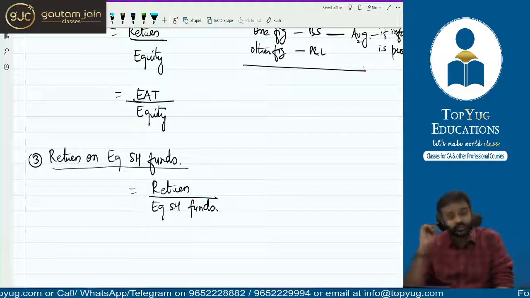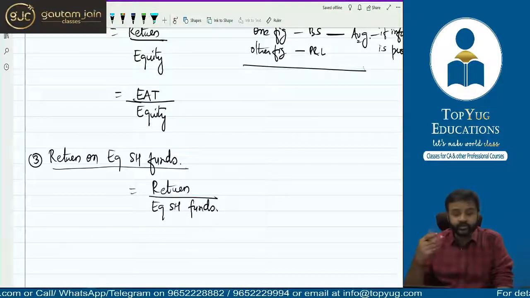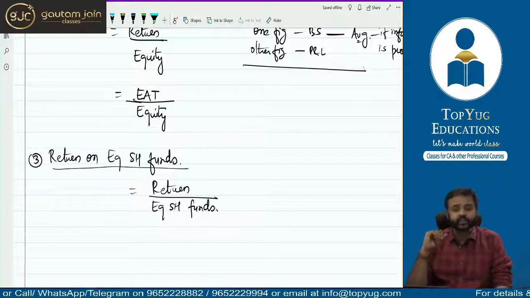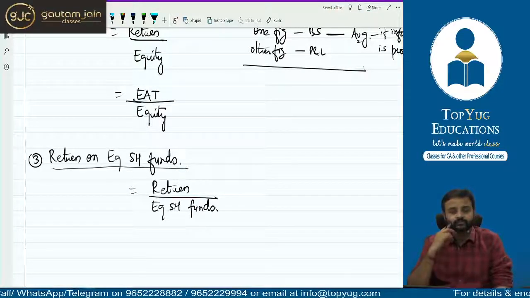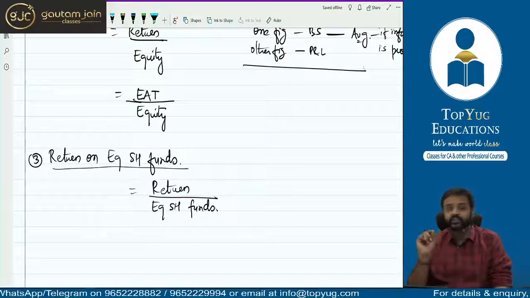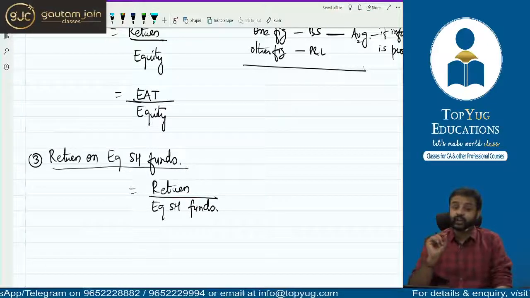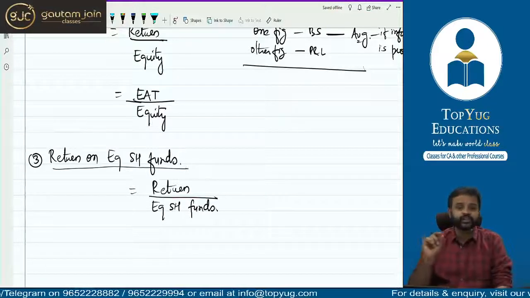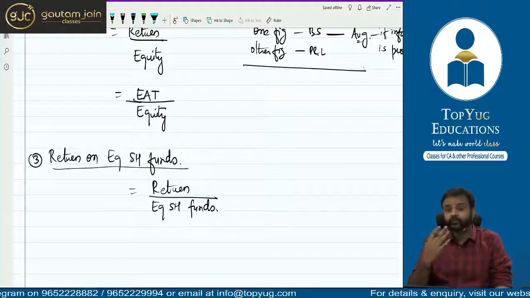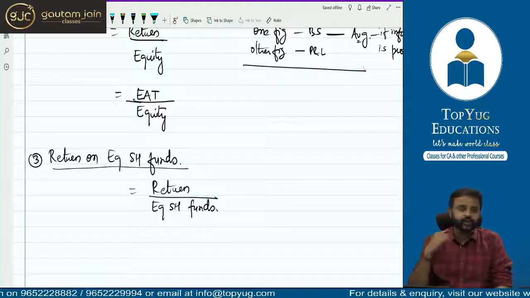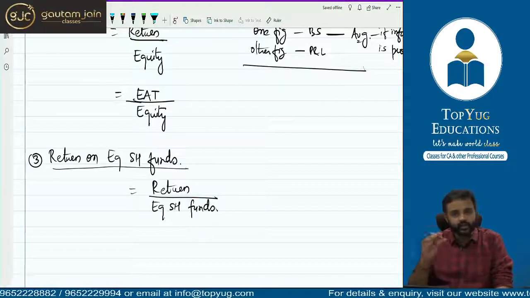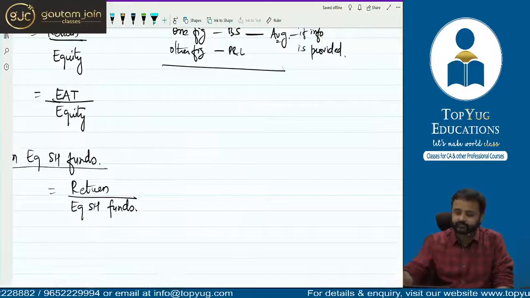Now the question comes, which return do we need to take? Do we need to take gross profit? No. We're not talking about equity now, we're talking about equity shareholders funds. So they'll get equity dividend. Equity dividend out of what? Out of the earnings available for equity shareholders. Correct?